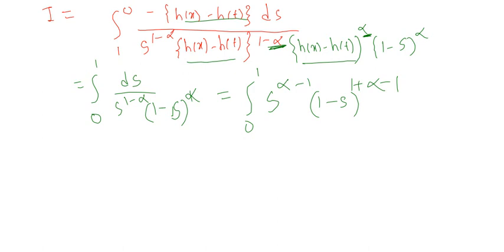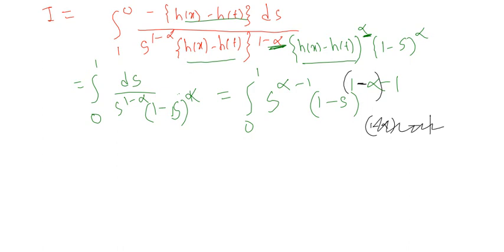Okay, yeah, this should be minus alpha, right? This should be minus alpha when I take it in the numerator. So this is minus alpha. Okay. Now you can see this number. This is nothing but what? 1 minus alpha minus 1. Okay. So it is 1 minus alpha minus 1.